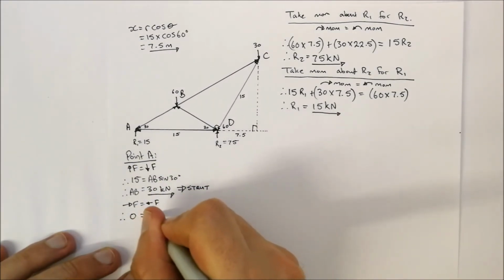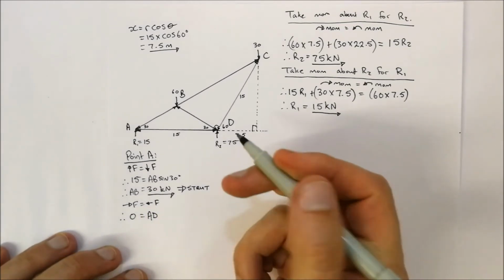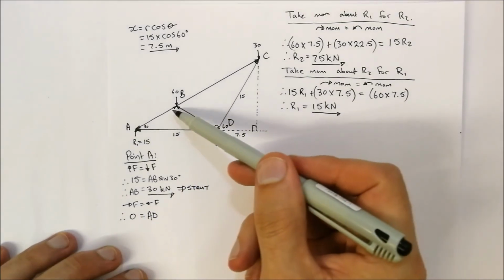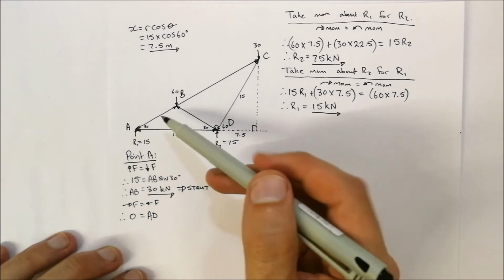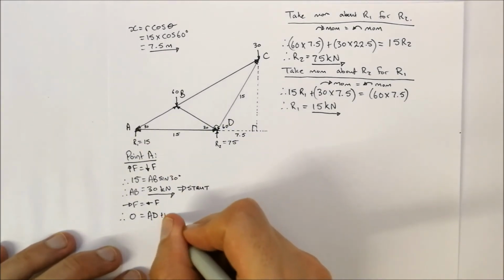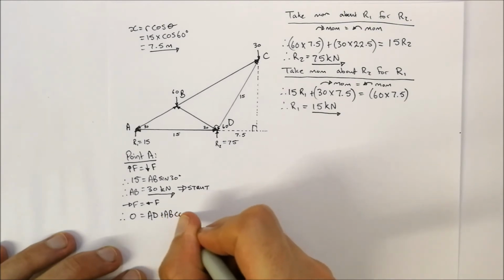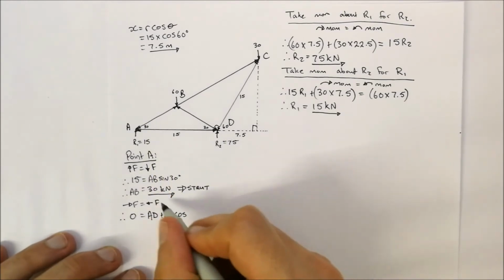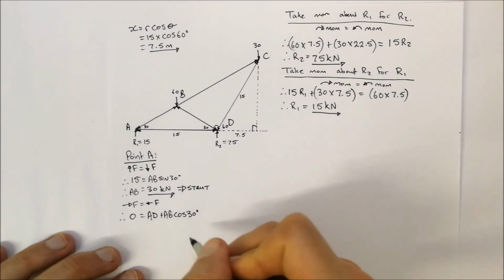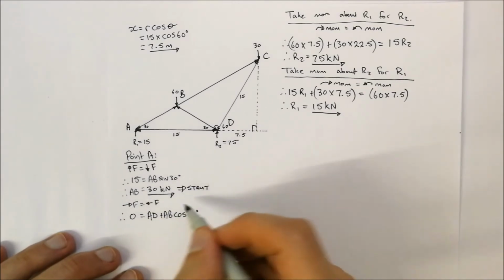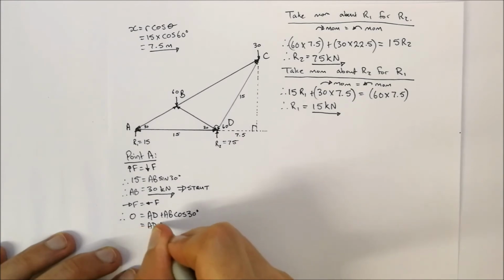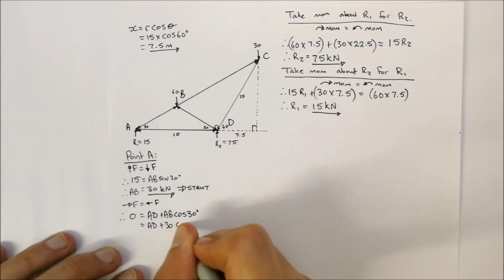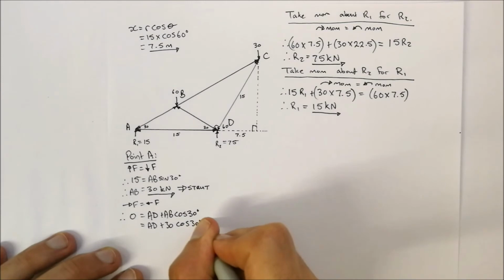And then we've also got this force AB that's going to have a horizontal component. So plus AB cos 30 degrees. We know what AB is. AB is 30 kilonewtons, so that's equal to AD plus 30 cos 30 degrees.